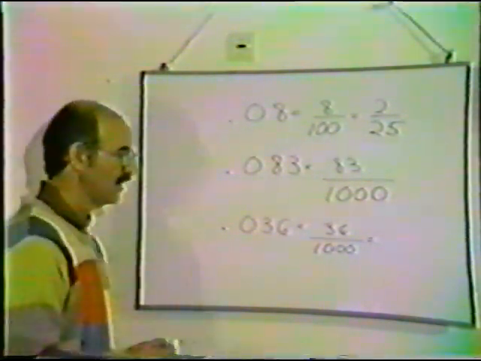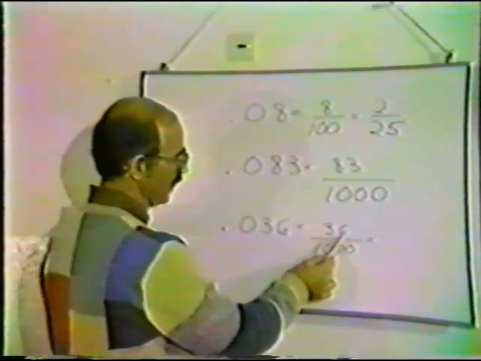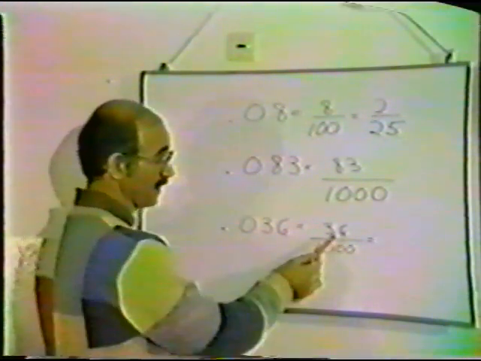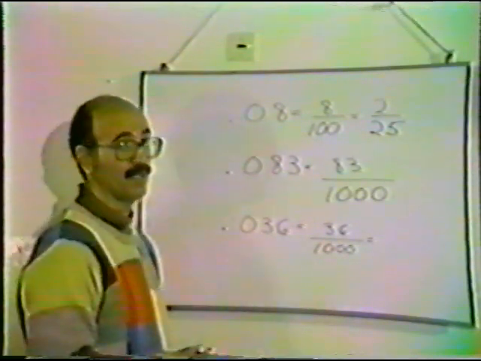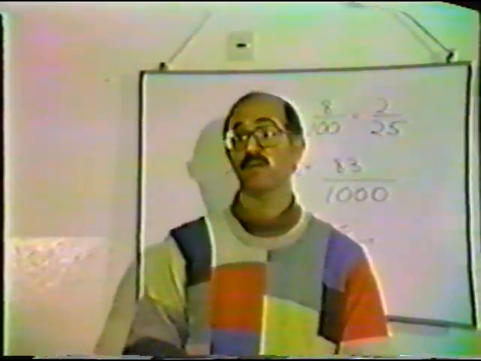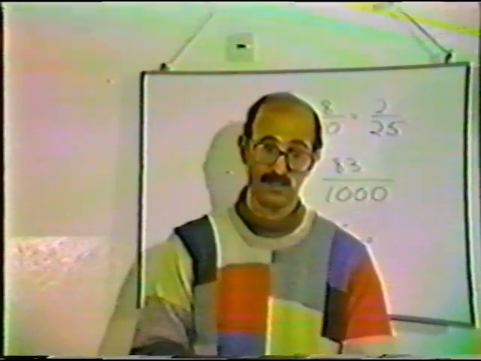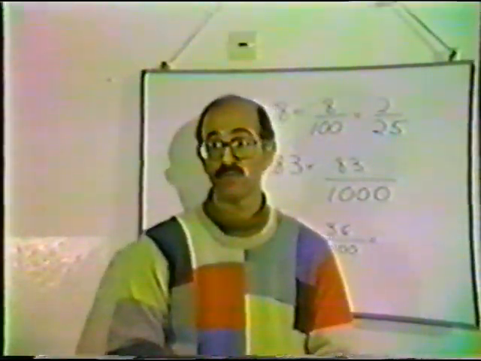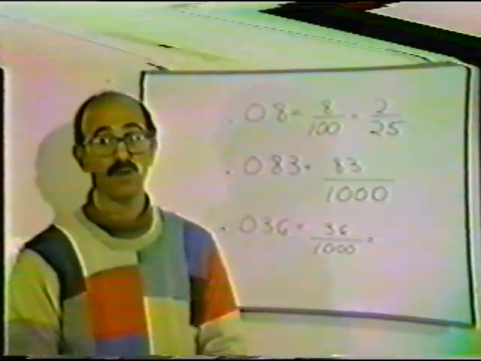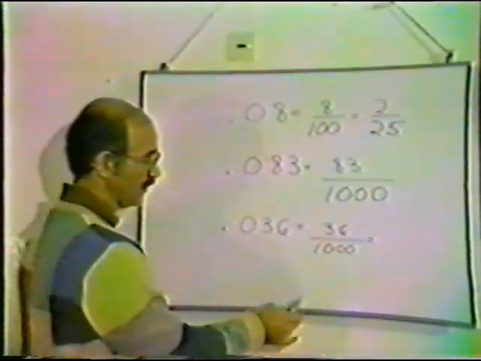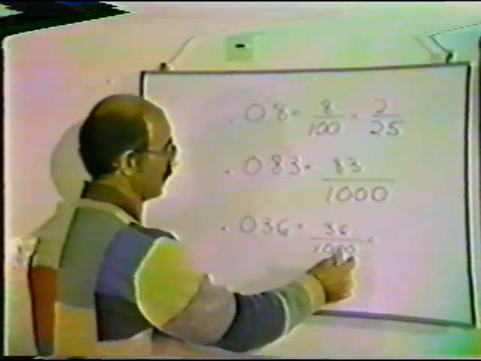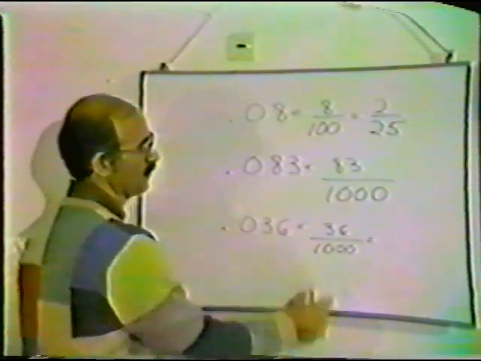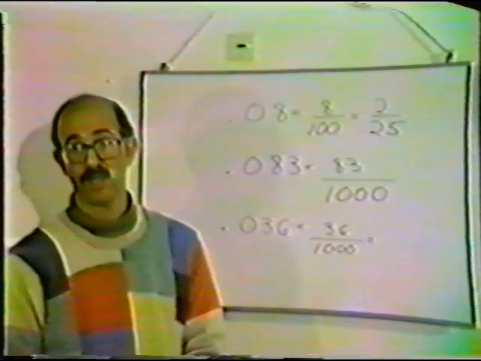Well, we know we can do 2 because they both end in even numbers. We know that the 6 can go into the 36, but I'm not so sure about the 1,000. I know that 36 is also on the 4 table, and I know that 4 can go into 1,000 because I just did that and because I know that it will go into 100. So let's try 4.